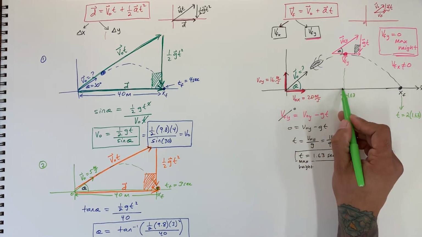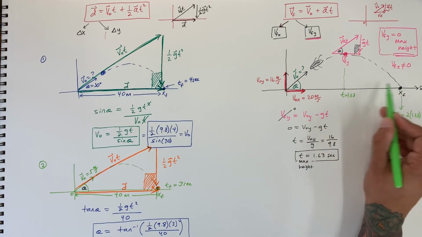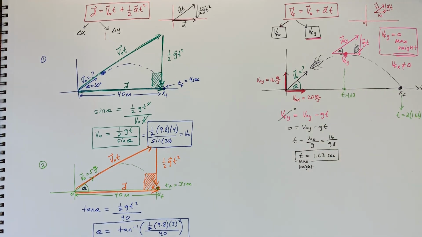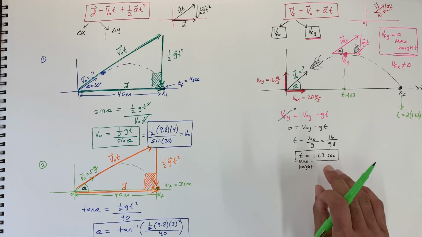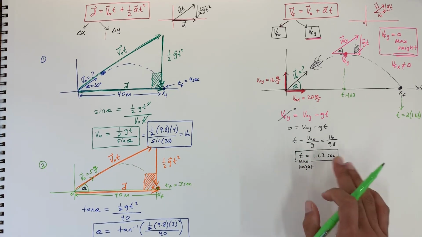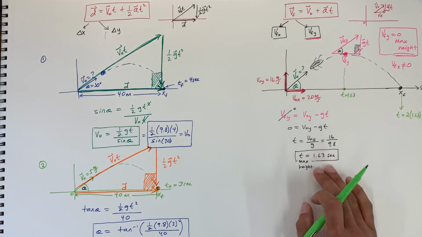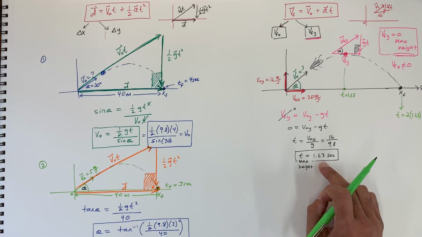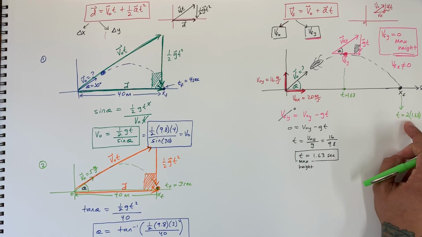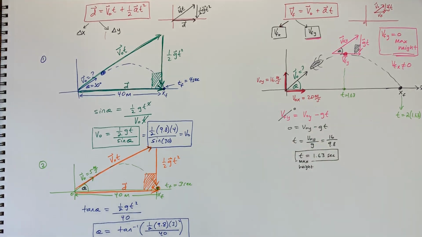So this side is equal to this side, okay? But for now, let's just leave it at max height, but that's also something you're going to need to identify when you find the time at max height. Remember that if you just multiply it by 2, you can get the final time, and then you can further solve for things that you need.